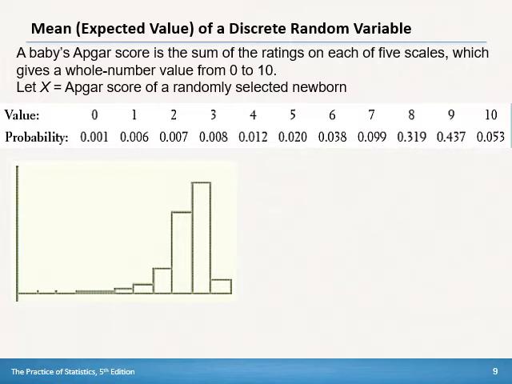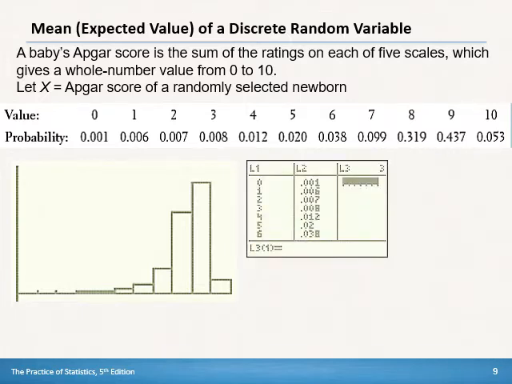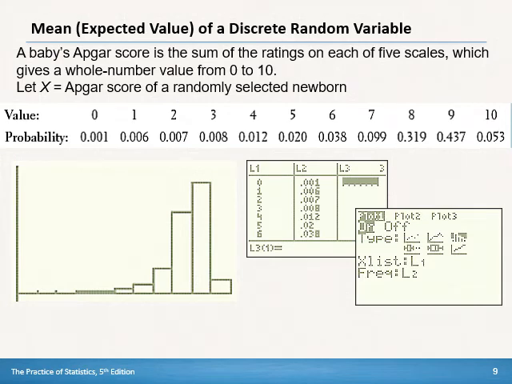I created a histogram of this in my calculator, and you might want to do that yourself. Remember how to do this: you put your x values in list 1 and your probabilities in list 2. Then ask your calculator to create a histogram using x as your X list, and now you would use L2 as your frequency. We haven't really used a frequency list before, but that's what this is.